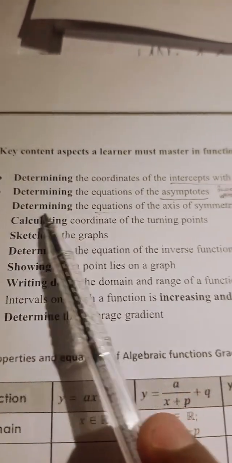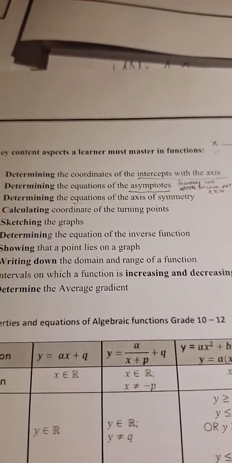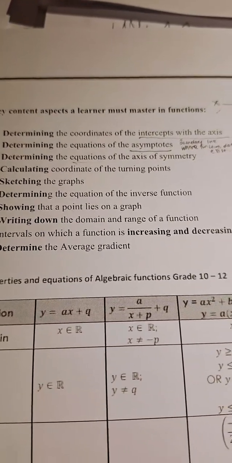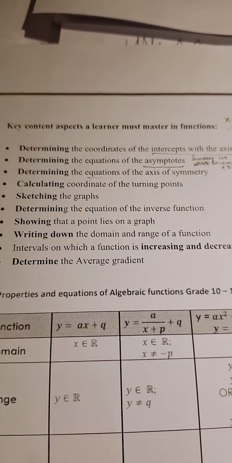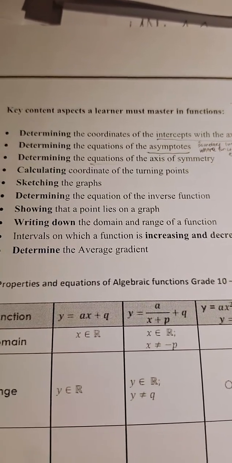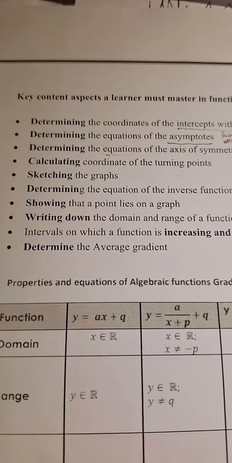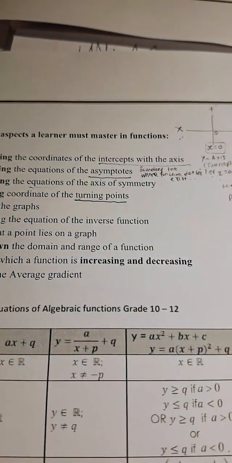These are some of the questions that get asked specifically. You need to be in the position of knowing what is expected and then what to do. We are going to get into the how, obviously. This one says calculate. You need to know how to calculate the coordinates of the turning point.